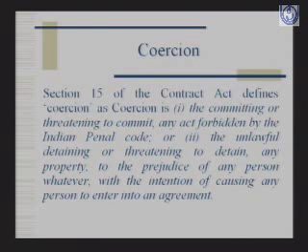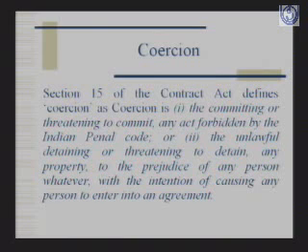Coercion, also known as duress in England, is defined in Section 15 as unlawful detaining or threatening to detain the property of any person, or committing any act forbidden by the Indian Penal Code, or threatening to commit any act forbidden by the Indian Penal Code.